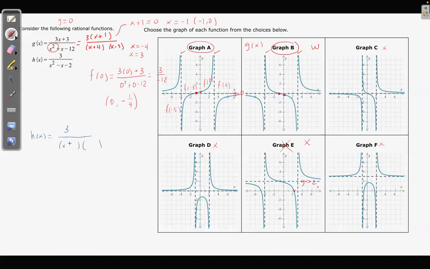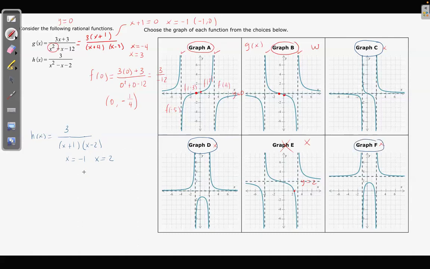So it looks like we're going to need an x plus 1 and an x minus 2, having our asymptotes at x equals minus 1 and x equals 2. So in contention, we have minus 1 and 2. So we have graph C in contention. We have graph D also in contention, and it looks like graph F will also be in contention at the moment.